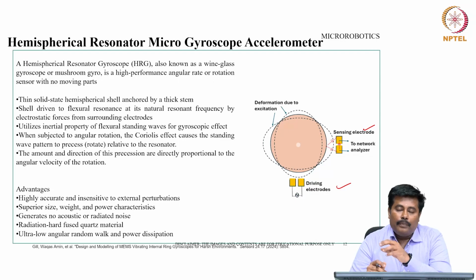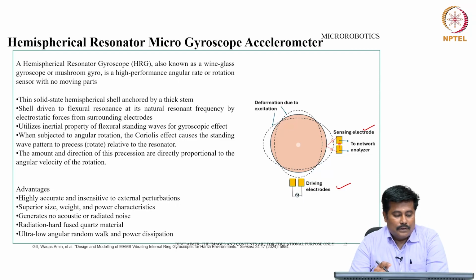It is a high performance angular rate or rotation sensor with no moving parts. This thin solid state hemispherical shell is anchored by a thick stem, and the shell is driven to flexural resonance at its natural resonant frequency by electrostatic force from the surrounding electrodes.